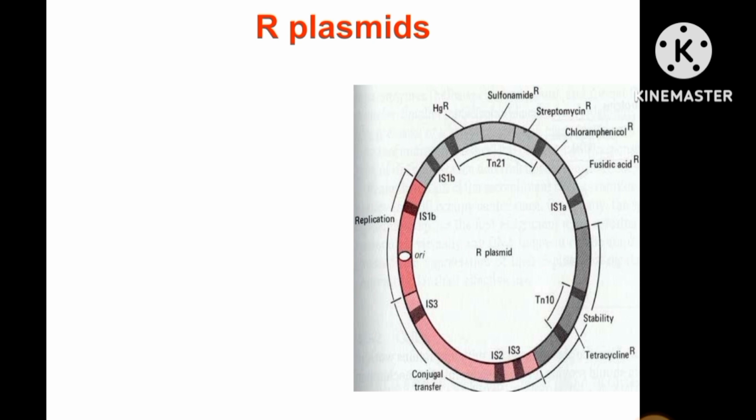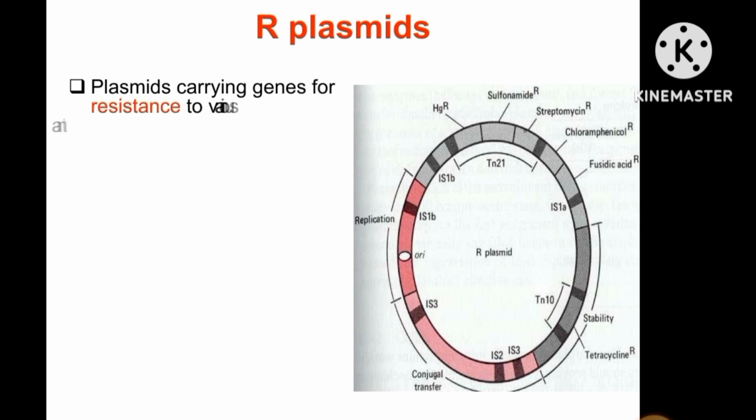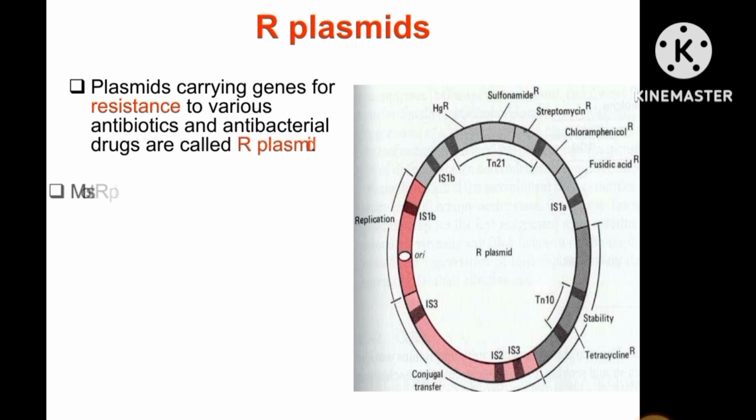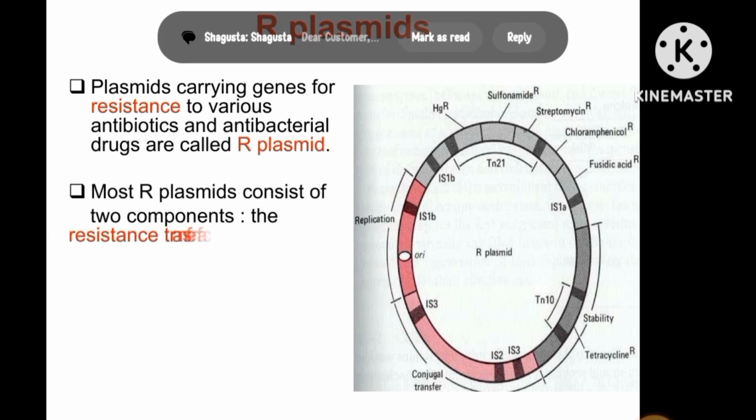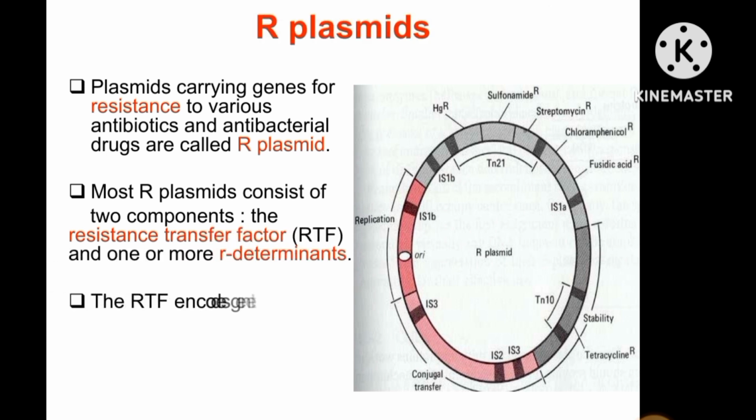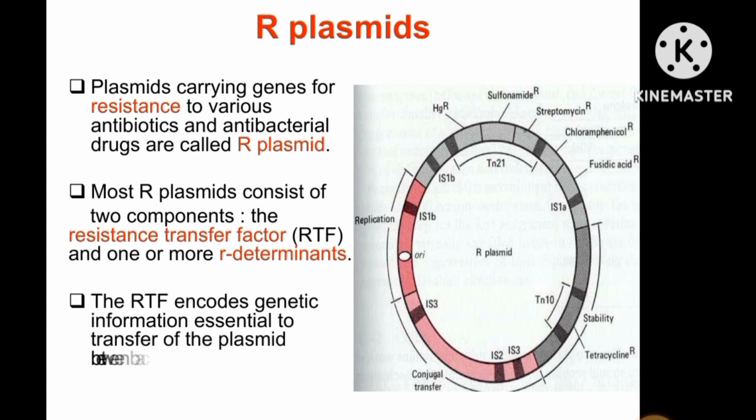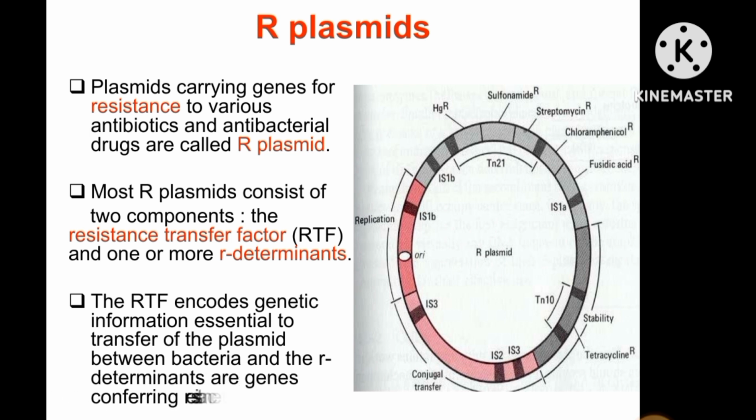Now come to the R plasmids. The R plasmids are the plasmids carrying the genes for resistance to various antibiotics and antibacterial drugs. Most R plasmids consist of two components, the resistance transfer factor RTF and one or more R determinants. RTF encodes the genetic information essential for transfer of the plasmids, whereas the R determinants are the genes conferring resistance to antibiotics.